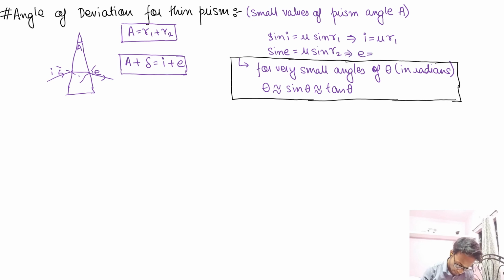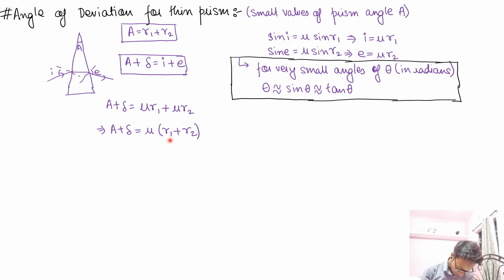E can be approximated as mu into R2, because sine E can be approximated as E and sine R2 can be approximated as R2. Now if you substitute the values of I and E in this equation, what do you get? A plus D is equal to mu R1 plus mu R2, or A plus D is equal to mu times (R1 plus R2).